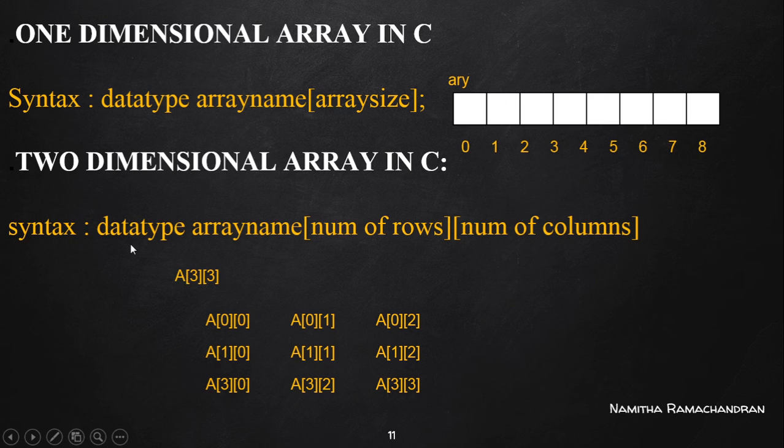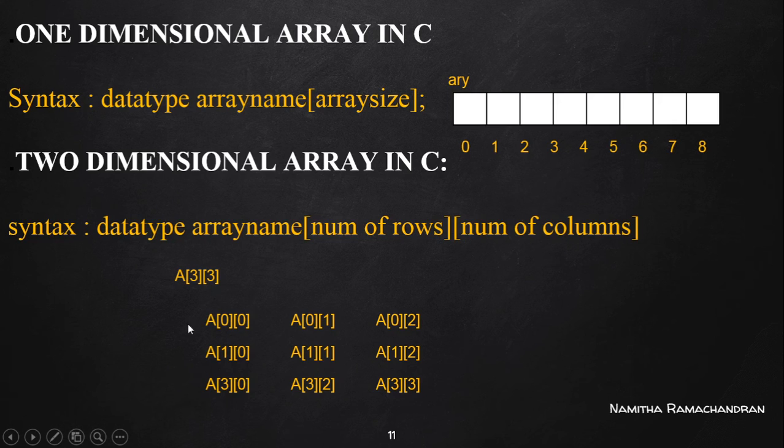The data type we need to specify, then the name is A with sizes. This first three inside the square bracket indicates the number of rows present, and the second three inside the second square bracket indicates the number of columns present.